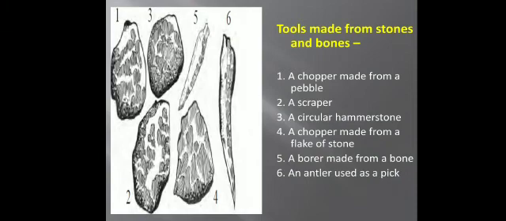Tools made from bones are rarely found because with time the bones start decomposing. Also, the twigs and the sticks, which are branches or parts of trees, can easily get decomposed. So we do not find any tools made with twigs and sticks.